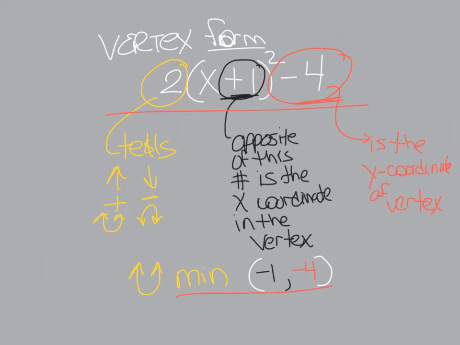Okay, let's try another one. And I know there's not one of these on your notes, okay? But when we get to absolute value, it does the exact same thing, all right? So let's say we've got -2 times (x plus 3) squared plus 5.